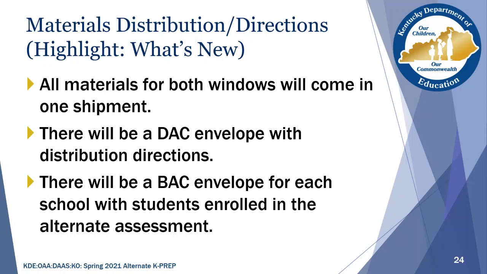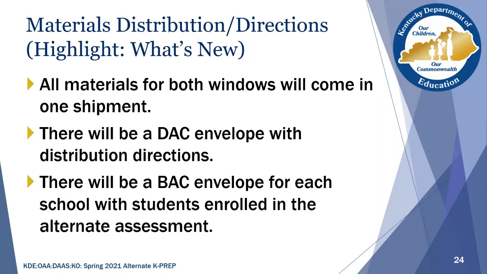There will be a BAC envelope specific to each individual school where an alternate assessment student is identified through Infinite Campus. Now, one thing I do want to note here is if the BAC in your school is not the person who is in charge of overseeing the alternate assessment, maybe it's a guidance counselor, maybe it's someone that's not what you would deem the BAC.